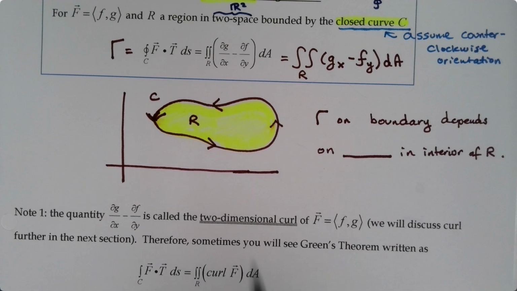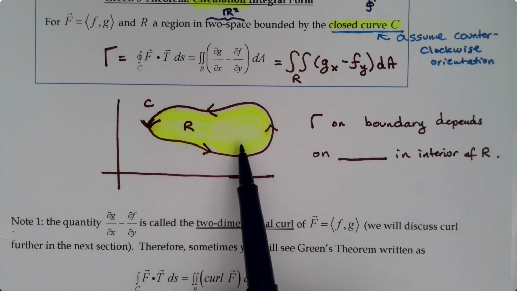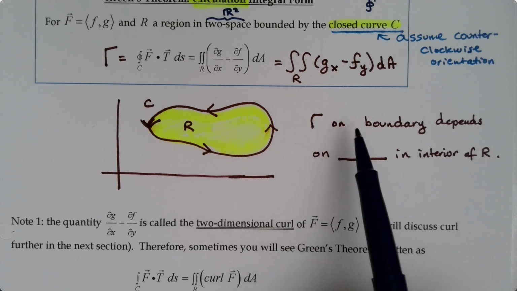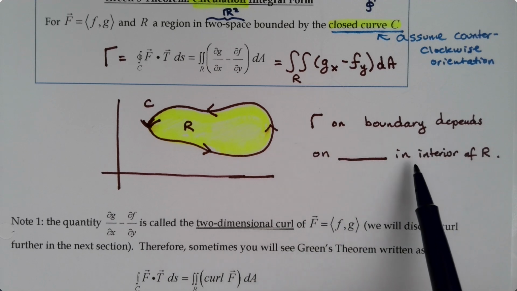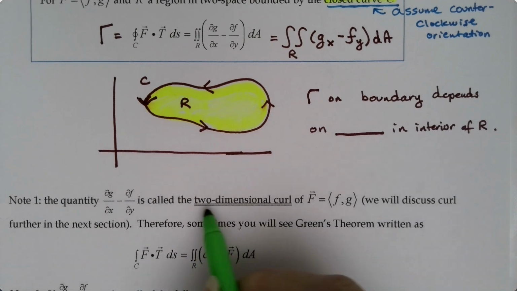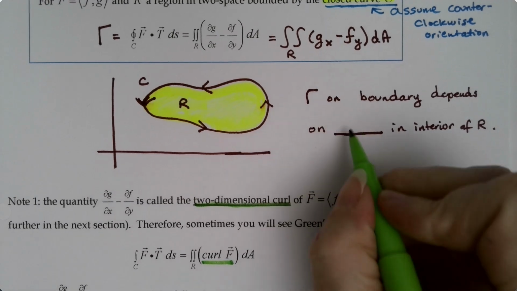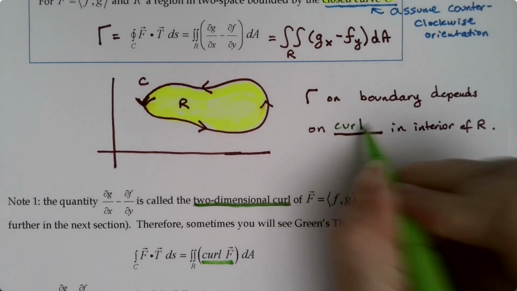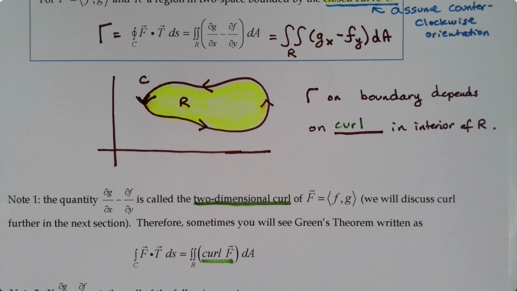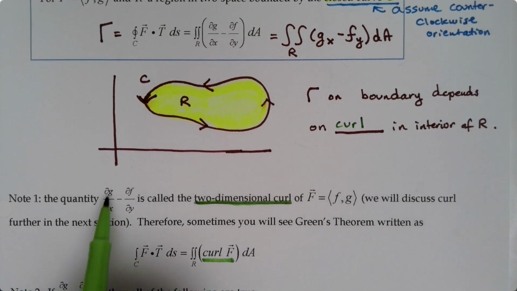Okay, so I drew a picture here. So we have this closed curve C. The region is the interior piece. And your circulation along your boundary is going to depend on something in the inside called the curl. So the curl, the two-dimensional curl, I'll put that right here, curl, in the interior. The curl is the quantity g sub x minus f sub y, right?